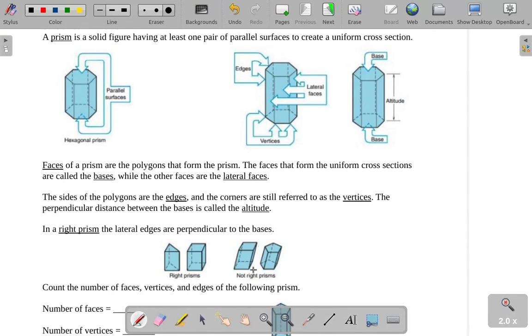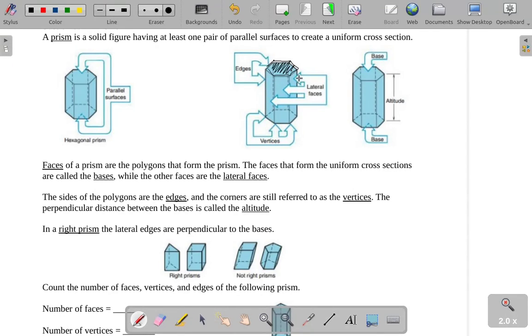Now, as far as vocabulary here, when we're talking about the various parts of this prism, we have what are called the lateral faces. When you hear the word lateral, you should think side, just like with two-dimensional figures. And the faces are the individual two-dimensional surfaces.